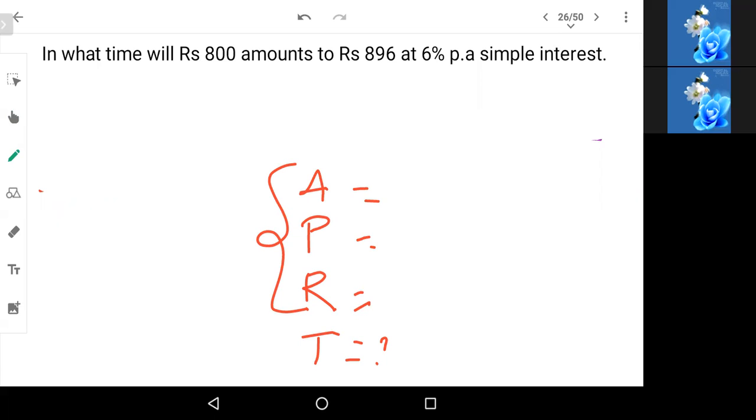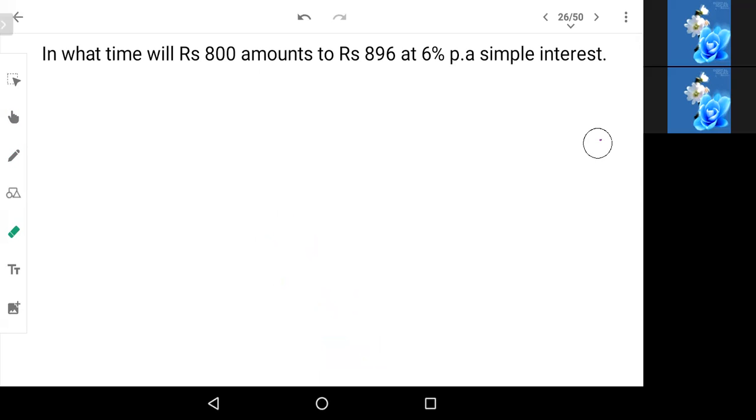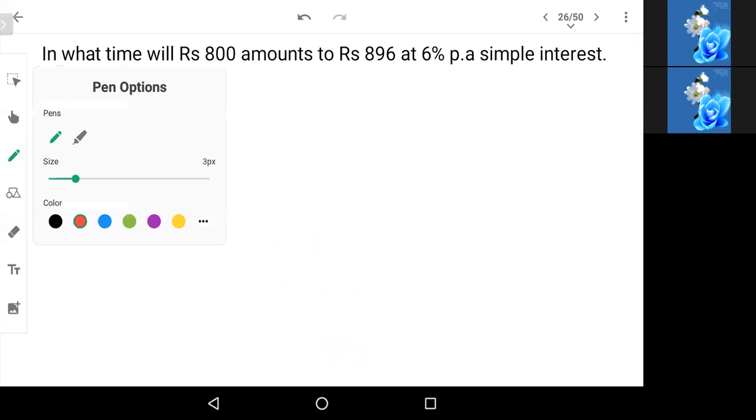Fine. So let us write what all is given to us, and then we'll be able to solve the problem easily. So firstly, what is given? In what time will 800 amount to 896?